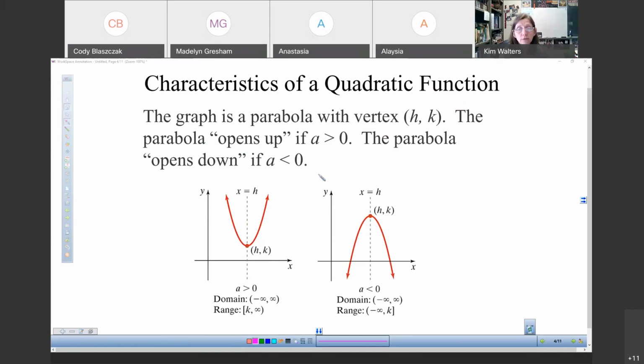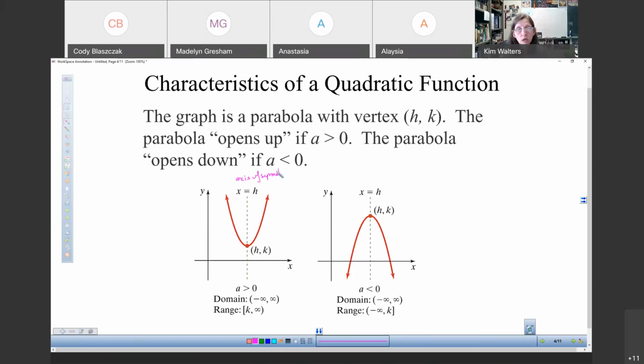If I have a quadratic function, my vertex is this point (h, k). If the coefficient of x squared is positive, my graph is going to open up, and my vertex is going to be that minimum. If it opens down, my vertex is going to be that maximum, okay? You can see this axis of symmetry, and that's what this is here. This is the axis of symmetry.